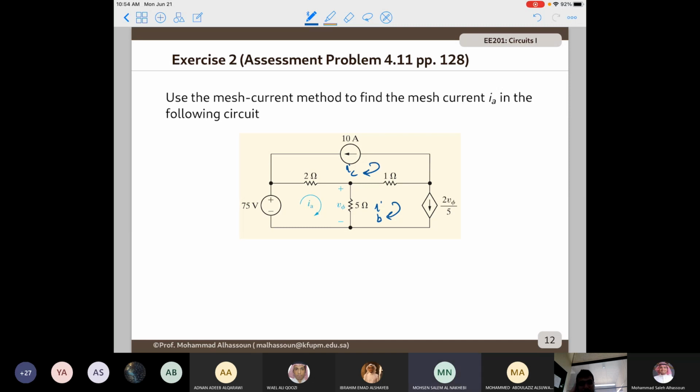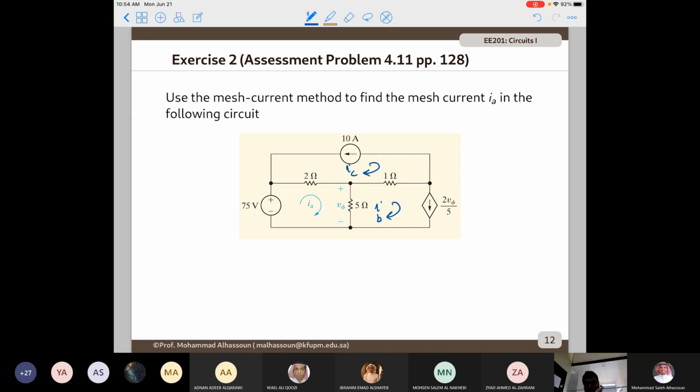One is dependent and the other is not. Yes, but what information can we infer from these? That we know the current in the bigger mesh. Which one? The whole loop. Okay, you kind of hit it then.